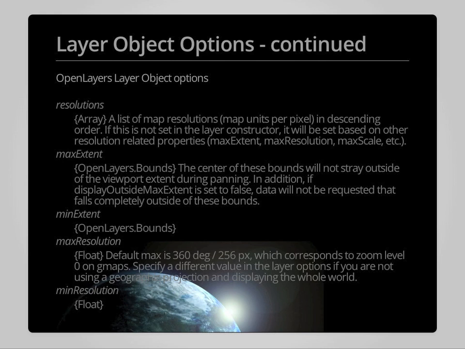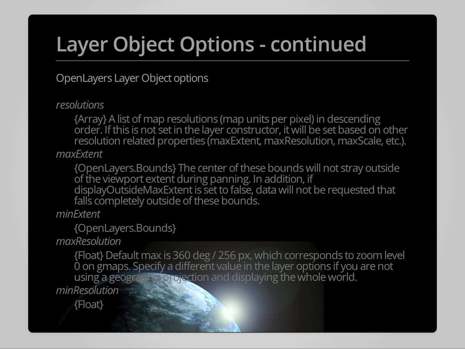Resolutions is another way of setting the resolutions available for this particular layer. So you can set these separately for each layer if you wish. Otherwise, they will be based on the other characteristics of the map itself or the max and min extent and max resolution values for the layer.